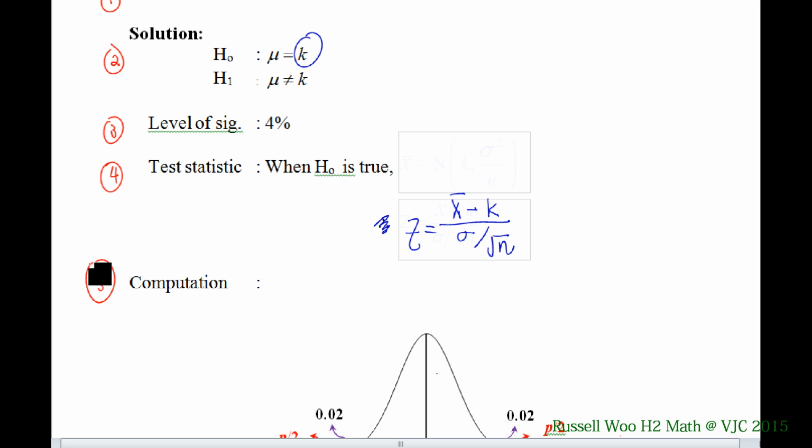This is the part that you have to understand a little bit more. In normal situation, we calculate p-value. But there's no p-value to calculate. You only know the conclusion. The conclusion is that you reject H naught.